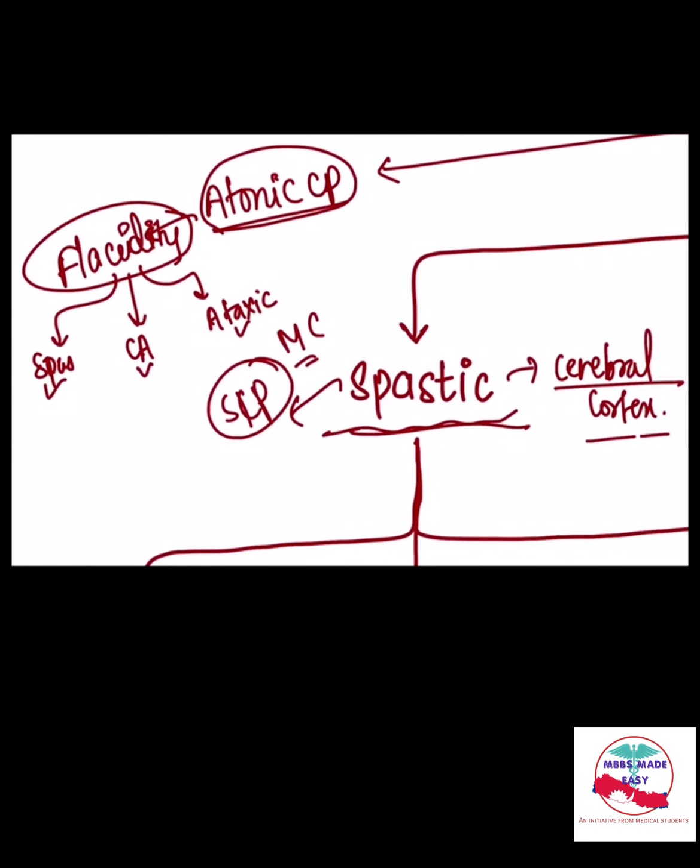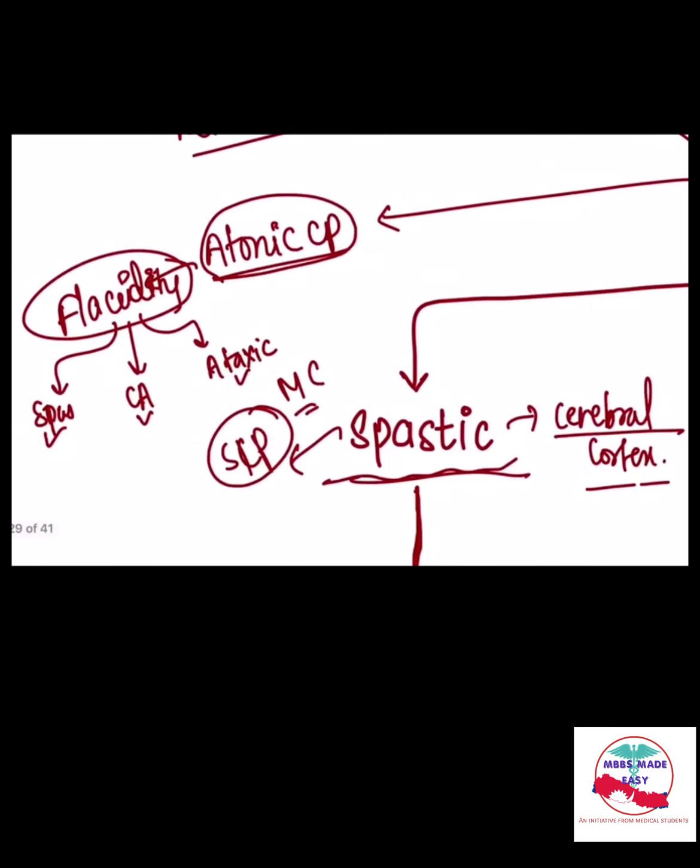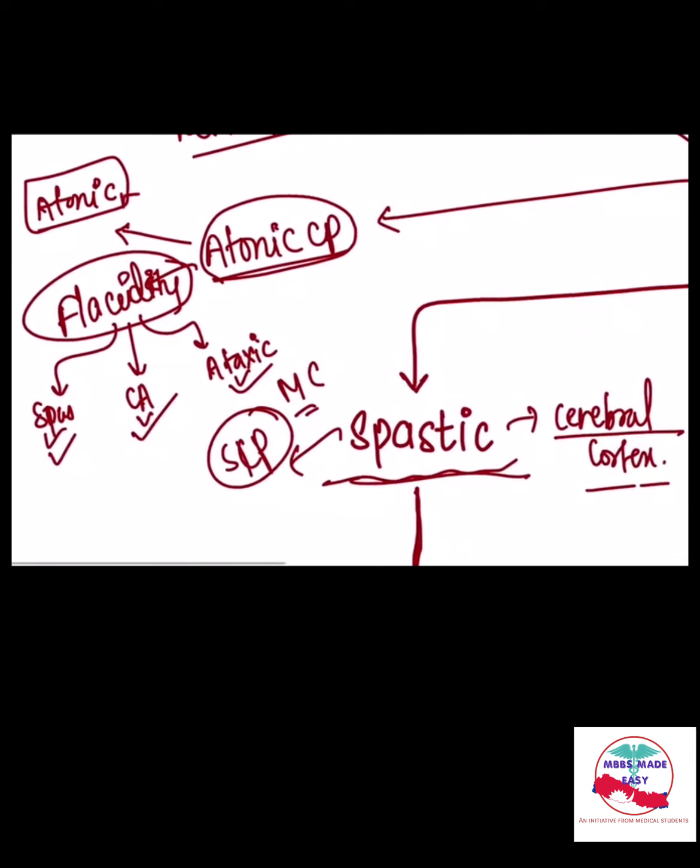Rarely, there are cases in which atonic cerebral palsy persists as atonic, and throughout life these children remain completely atonic, not developing spastic, choreoathetoid or ataxic cerebral palsy.